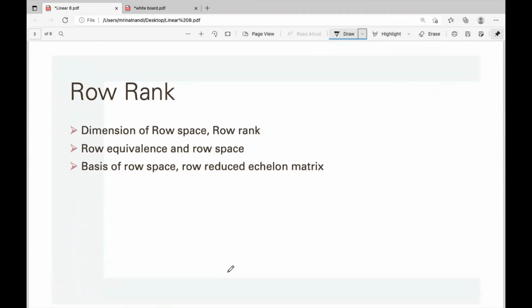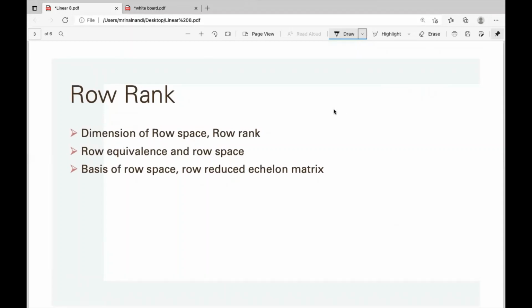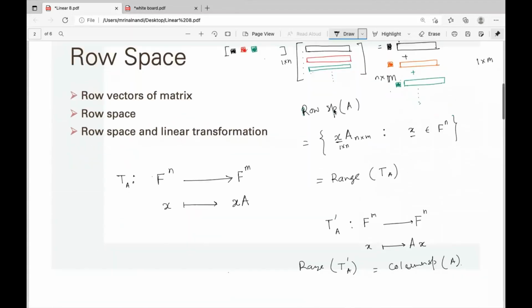So what is row rank? The row space is a vector space. It is the span of all these row vectors, the space generated by all the row vectors.